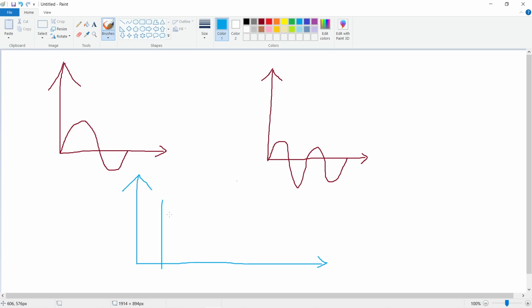It won't be discrete; it will be continuous, not discrete, for a non-periodic composite signal.